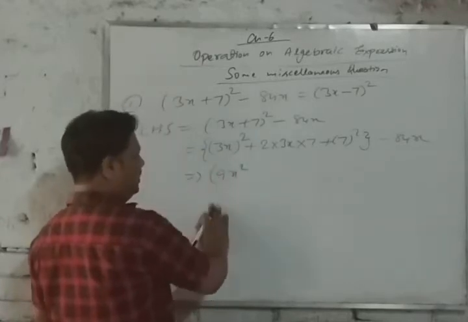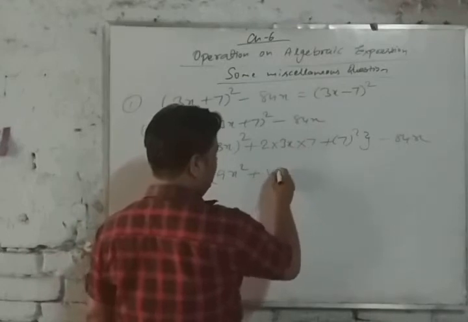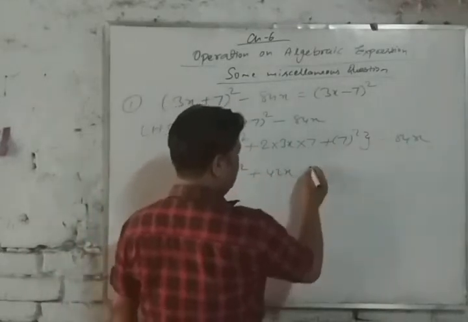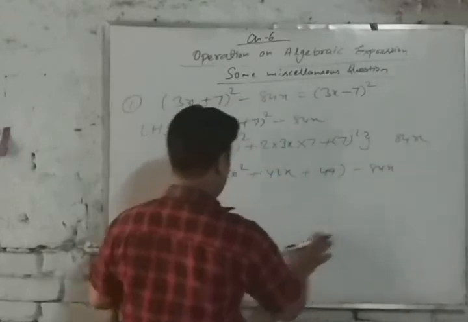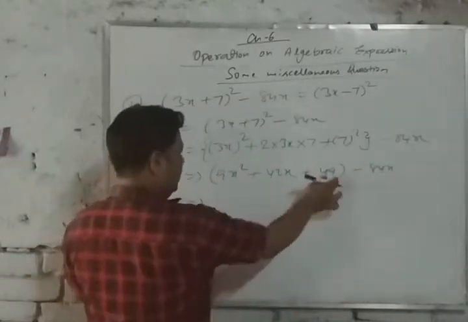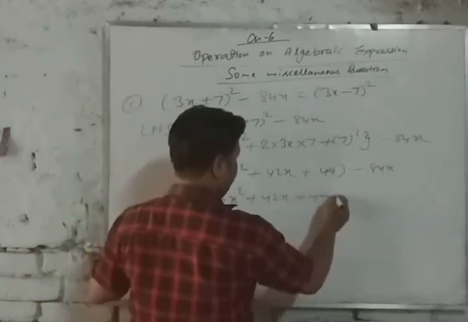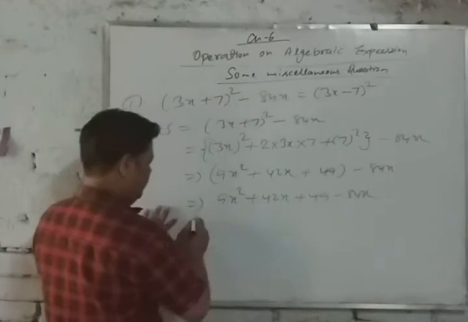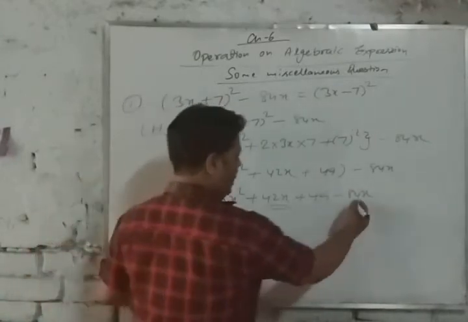Now 3 square is 9, x square. Now we will remove the middle bracket. Now plus 2 times 3 is 6, 6 times 7 is 42x, plus 7 square is 49. Now minus 84x, okay. Now solve it, remove the bracket. Now 9x^2, and here you can see plus 42x and minus 84x.